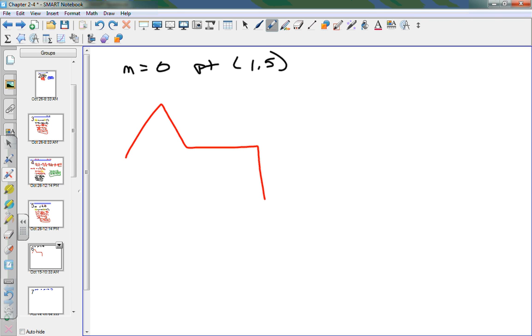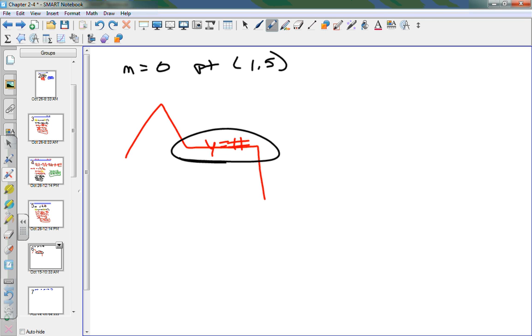So with that said, what does slope equaling 0 mean? It's 0 slope, which means I'm right here. And what do all those lines look like? What is the equation of them? It's y equals a number.